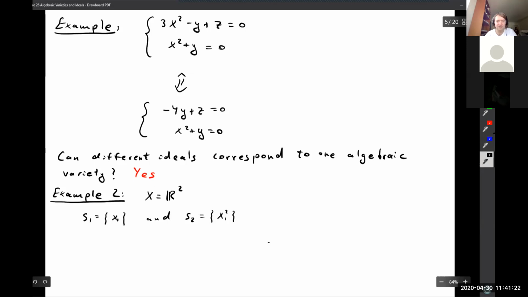Now if you look at the associated algebraic varieties, what do you find? So this is x1, this is x2. The set of all common zeros will be precisely when x1 equals 0. This guy. And this is V of S1 equals V of S2. But it's not that bad, in fact.